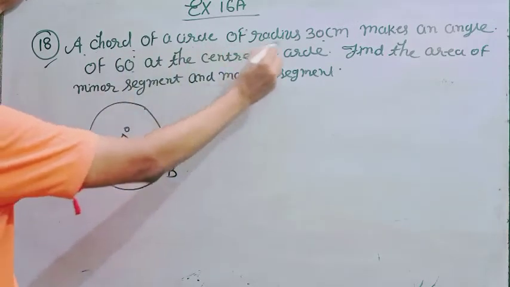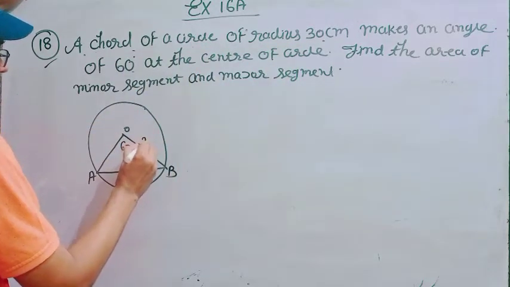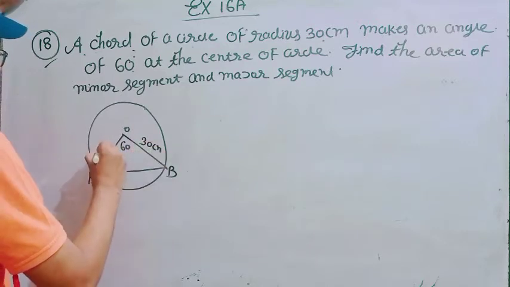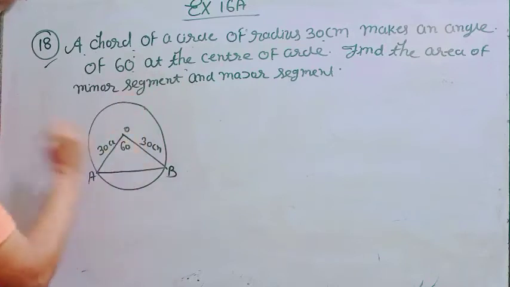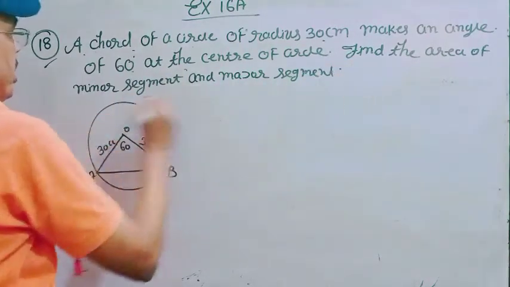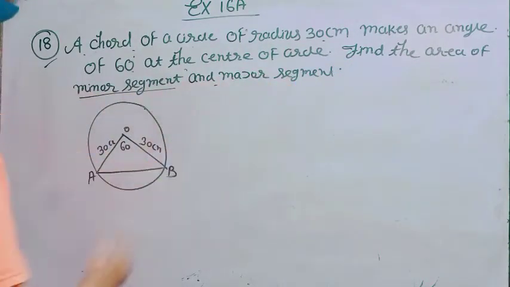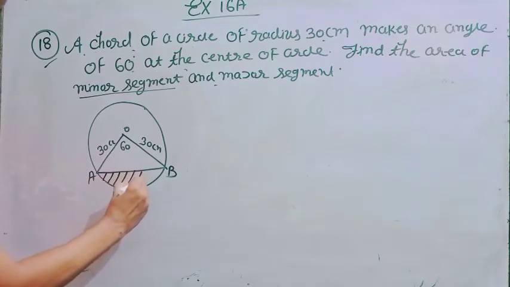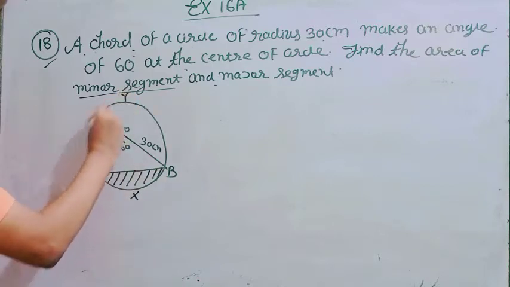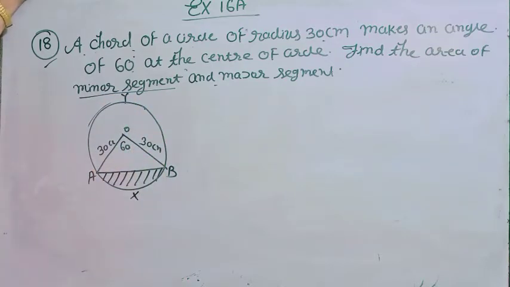Radius is 30 cm. Your question: find the area of the minor segment and major segment. That means this part AXB is the minor segment and AYB is the major segment of the circle.